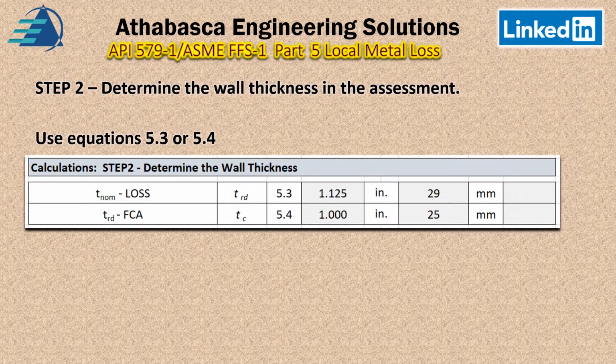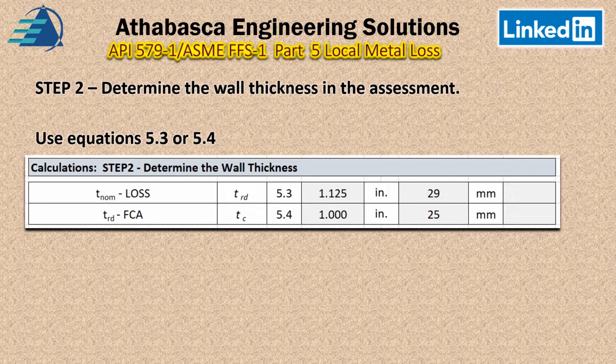Once we've worked through equations 5.1 and 5.2 to describe the orientation of the flaw, we have to look a little deeper at the wall thickness. There are a couple of different formulas that we need to look at for the depth and the size of the grooves, the groove cross sections.